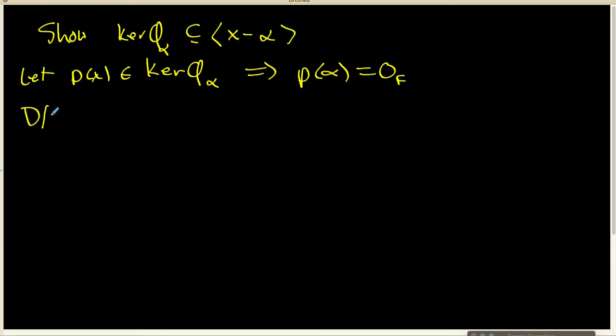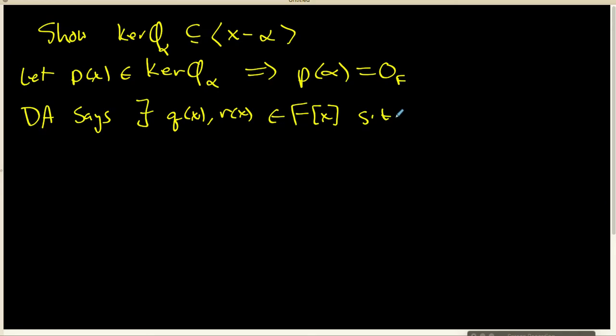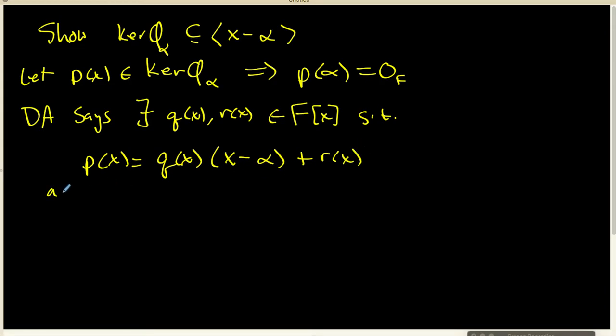Now the division algorithm says there exists a q(x) and an r(x) inside F[x] such that p(x) is equal to q(x) times the linear polynomial x minus alpha plus r(x), and the degree of r(x) has to be less than the degree of x minus alpha.